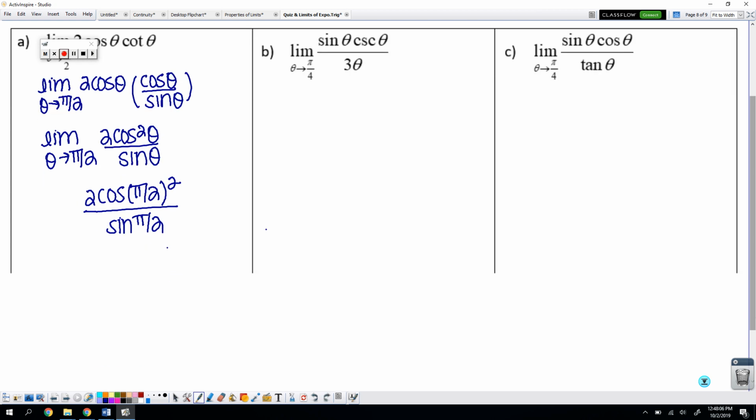Okay, so when we do that, we have 2, and then the cosine of pi over 2 is just the x value of pi over 2. So that's 0 squared over sine of pi over 2 is just the y value, so 1. So we just get a 0, because we have 0 on top, 0 divided by 1 is 0. Okay? So now I'm going to pause it and see what you can do with letter B.